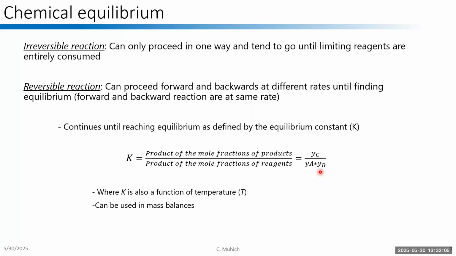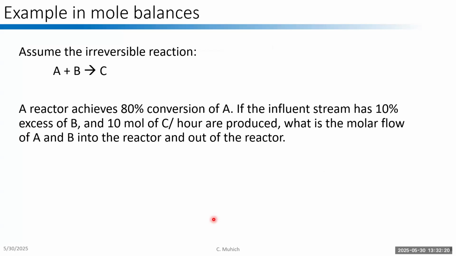And of course, as you remember from general chemistry, K is a function of temperature. We're going to see here very shortly how we can use these in mass balances to help us understand a chemical system. All right, so let's get into it.